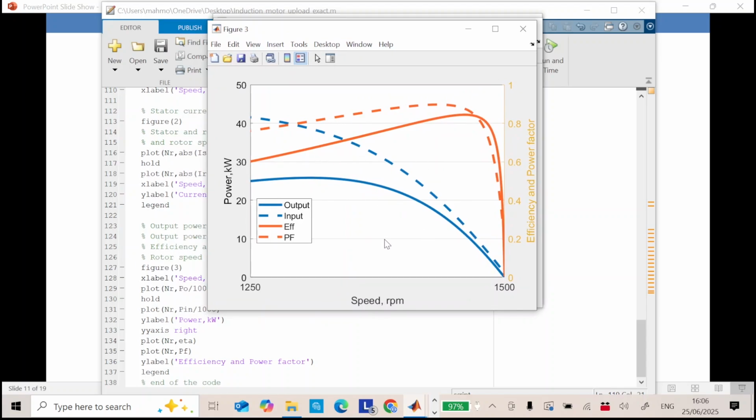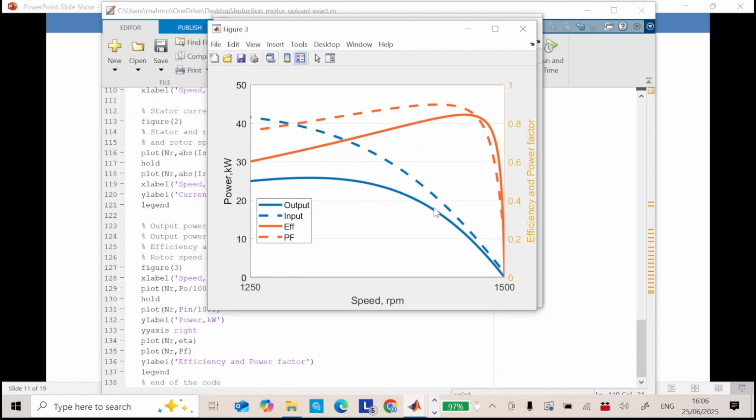If I'd like to extract a value from this graph, I'm going to do it. I'm going to move along my curve here. I'm going to find a small circular dot. It's moving with me. When I stop at any point, I'm going to see X and Y. That tells me the speed is 1373 and the power output is 24 kilowatt.